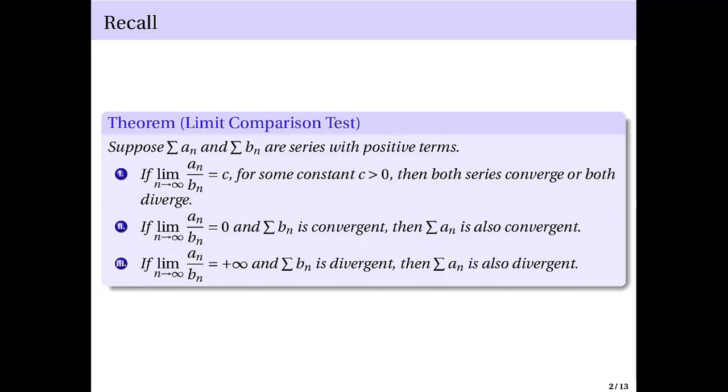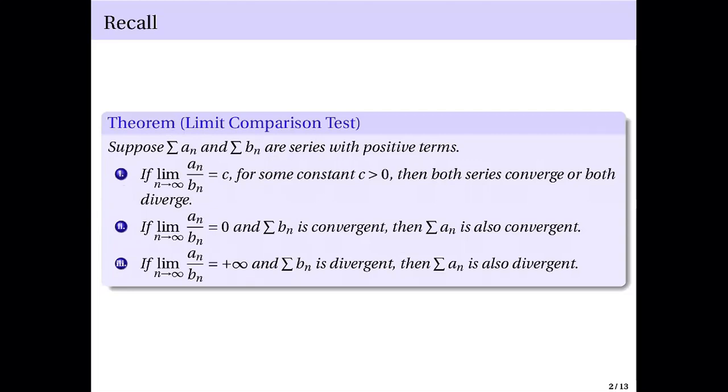So, ibig sabihin nun, hindi nag-exist. Okay? So, yung limit, hindi nag-exist, tapos divergent yung conclusion. Meaning, divergent din dapat yung ilalim. Okay? So, medyo madali rin naman tandaan ito. Pero tulad ng sabi ko, ang madalas ko lang ginagamit sa limit comparison test ay itong first item.